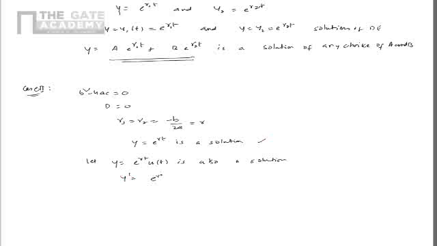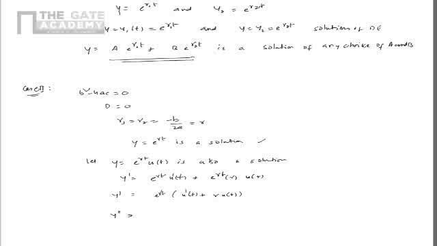So y dash will be e power rt u dash t plus e power rt into r u of t. We just apply the chain rule, so this will become e power rt times u dash t plus r u of t. This is y dash.